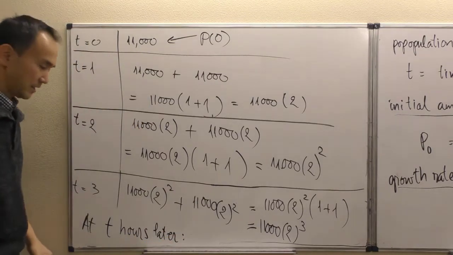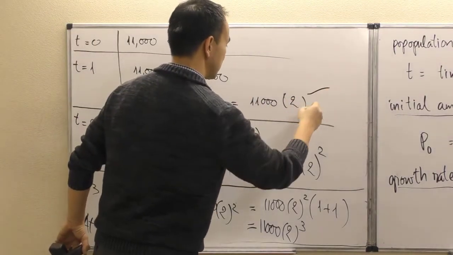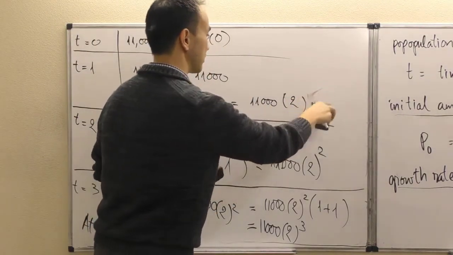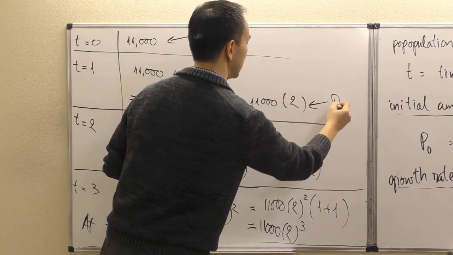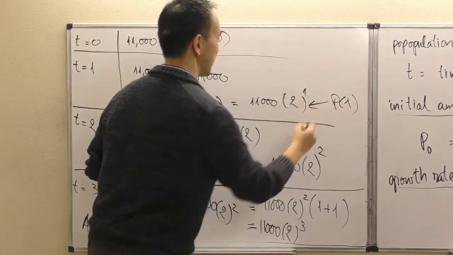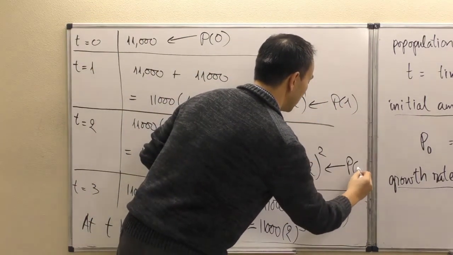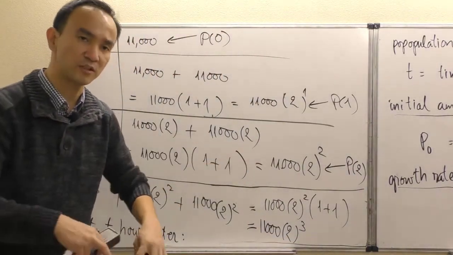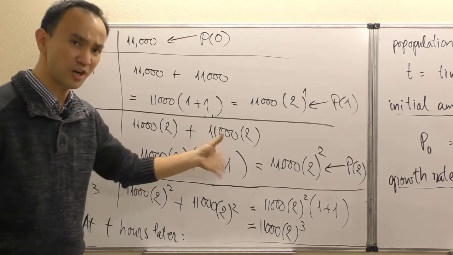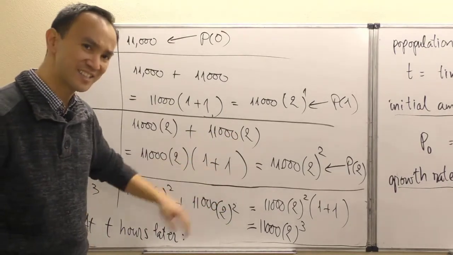So this amount is p of 1, and this amount here is p of 2, the population function of 2. We didn't know what the rule of that function is yet, and we're on our way to find the actual rule that runs behind the scene here.